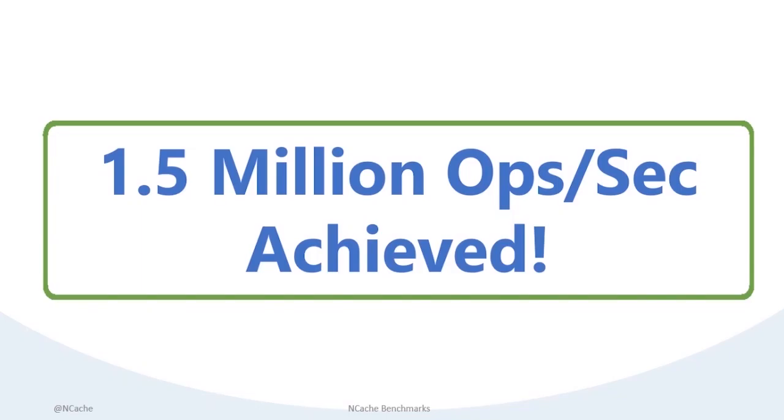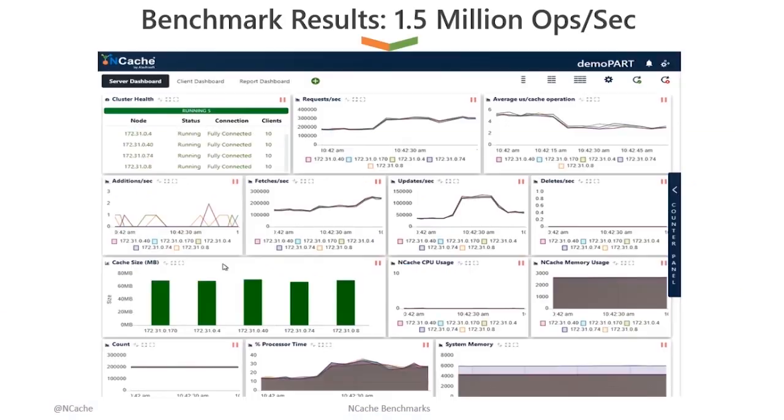Our stage 2 is now completed, where we have achieved 1.5 million operations per second from our cache cluster. Here is a screenshot for this result. We now have 300,000 requests per second by each NCache server. So that has been increased, and our latency has decreased.